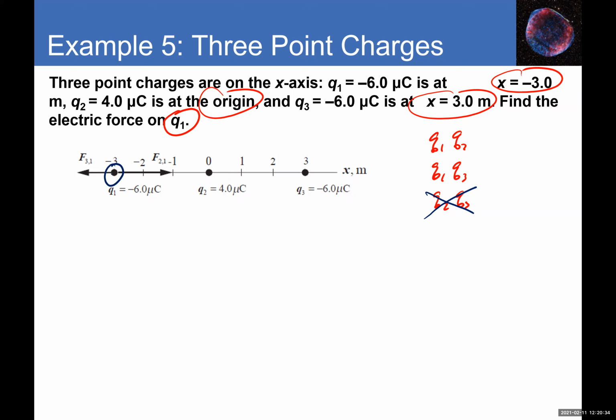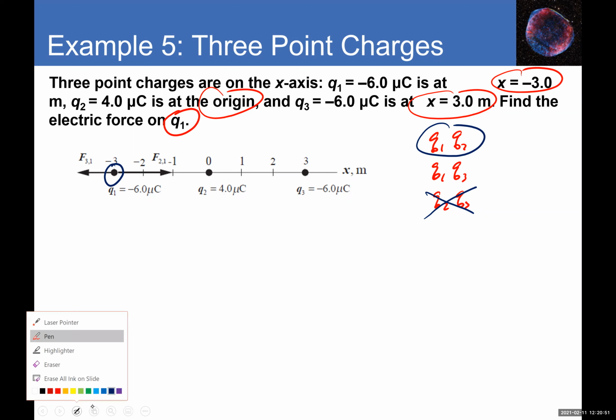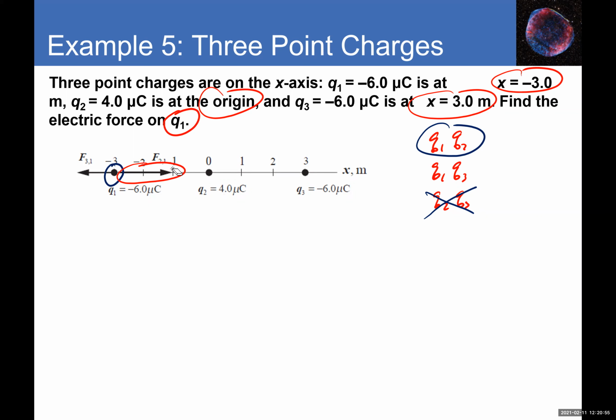That's why what I have here is this. I take Q1 as my object of interest, and then I look at the Q1, Q2 combination. Q1 is negative, Q2 is positive. That means there's going to be an attractive interaction, so Q1 is going to be pulled toward Q2. That's why I have this force F21 acting to the right toward Q2, because it's an attractive force.